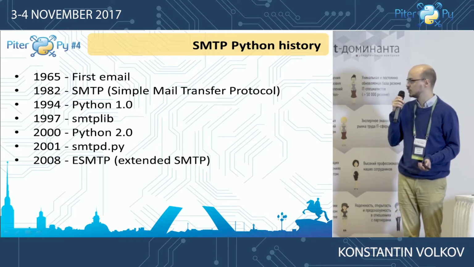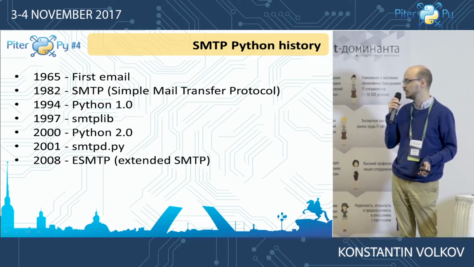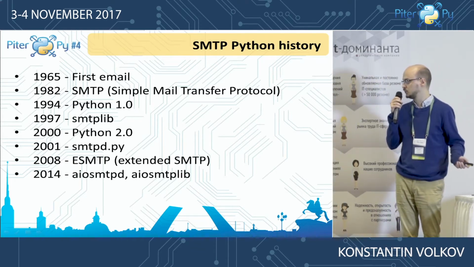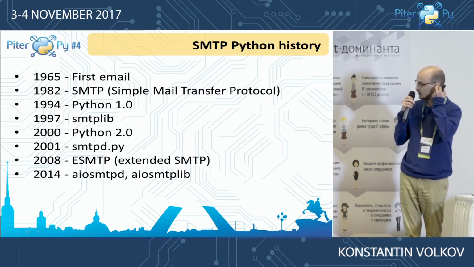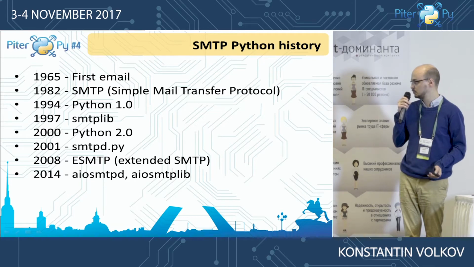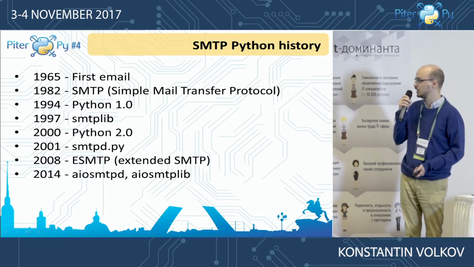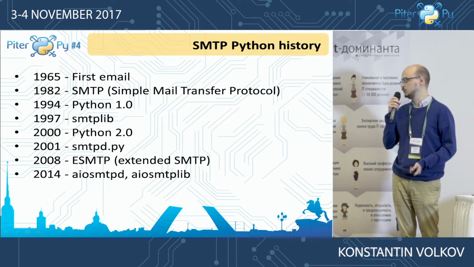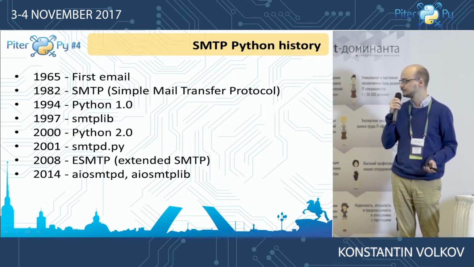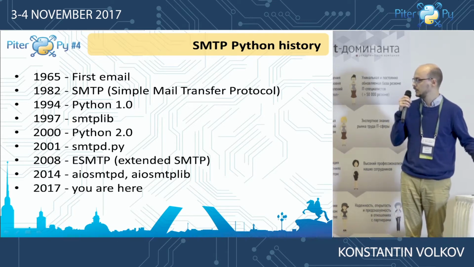And we have ESMTP, which supports extensions, plug-ins, and other useful things. And in 2014 we have aiosmtpd and aiosmtplib, which are similar to those libraries but have new features.